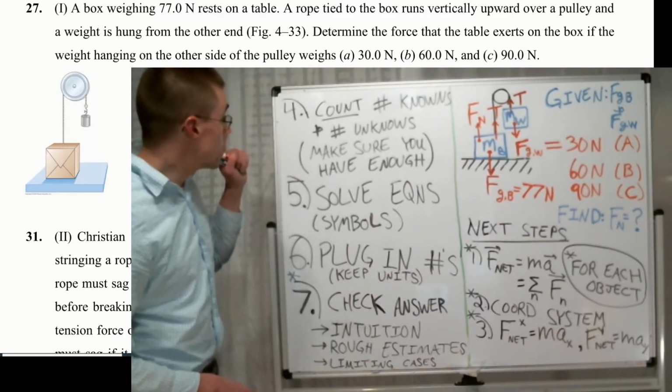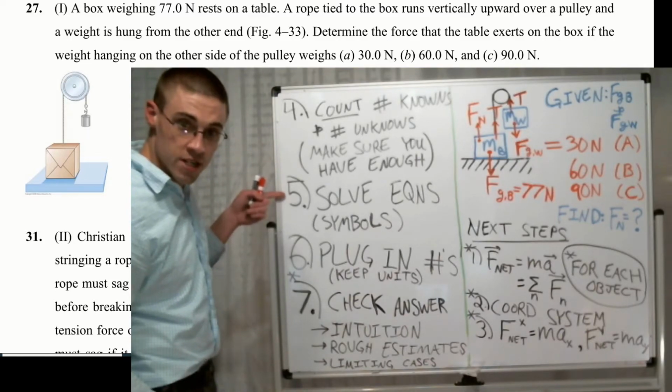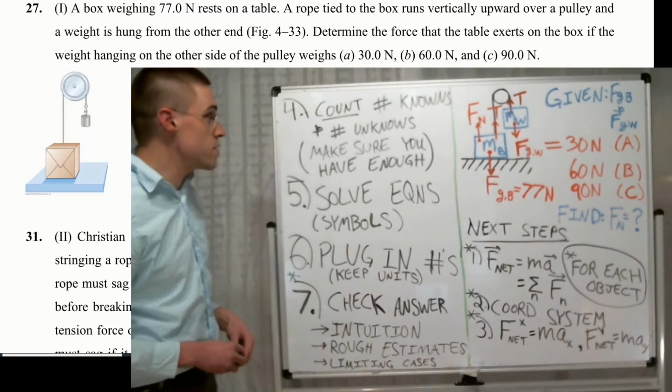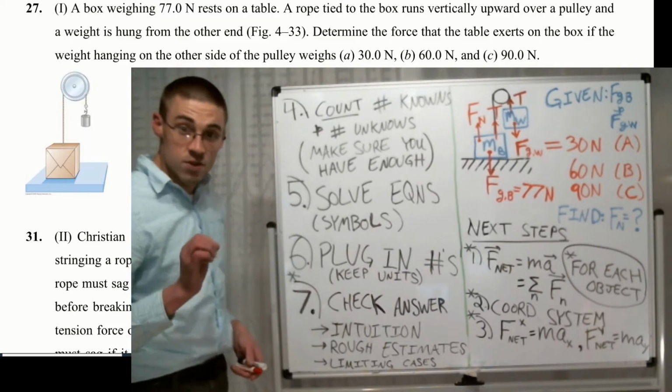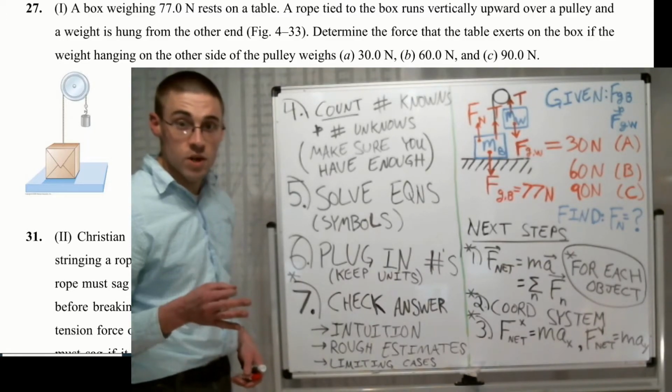Finally, before you start solving your equations and spend some time doing algebra, make sure you count the number of knowns and the number of unknowns and make sure that you have enough equations. If you're going to solve for 3 unknown quantities, you better have 3 equations.